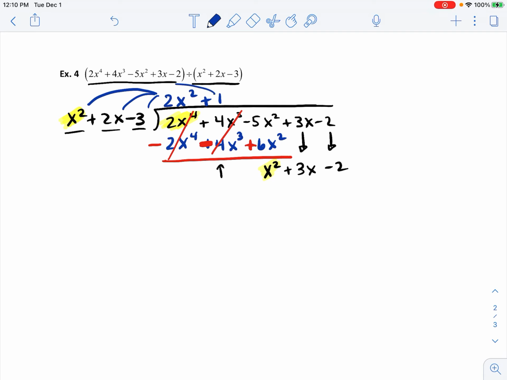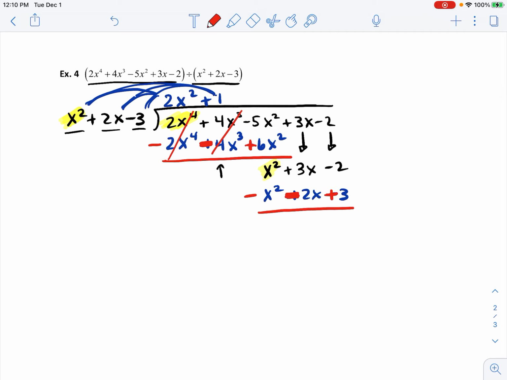And let's see what happens. 1 times x squared is x squared, right? 1 times 2x is 2x. And then 1 times negative 3 is negative 3. Okay, now I'm going to draw the line and change all the signs.